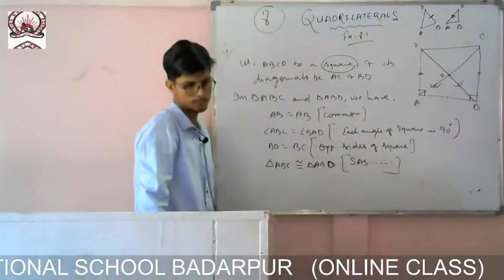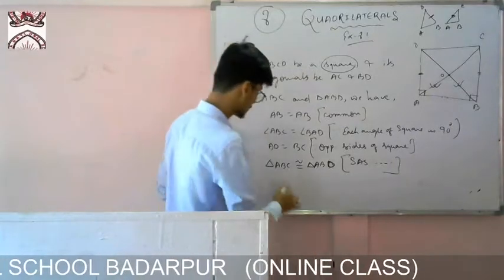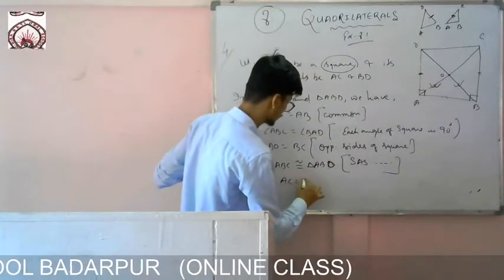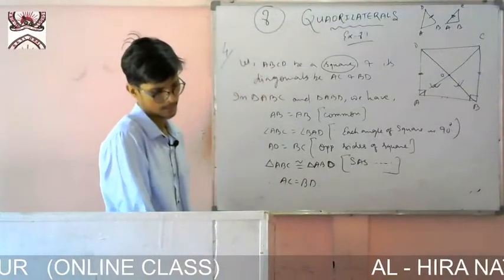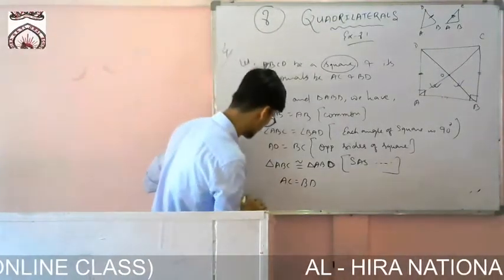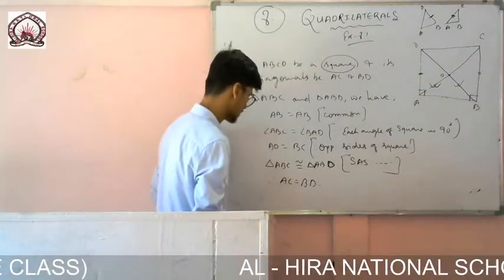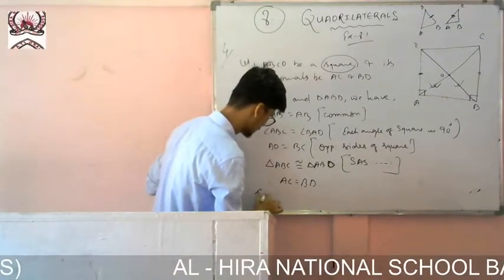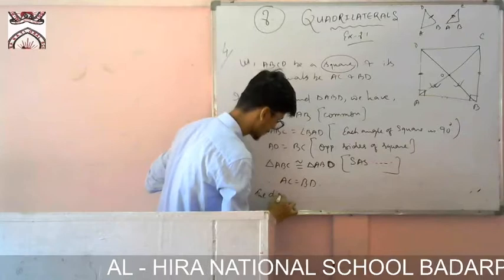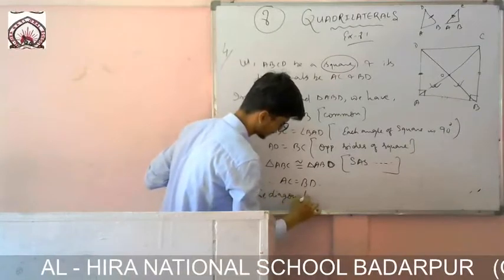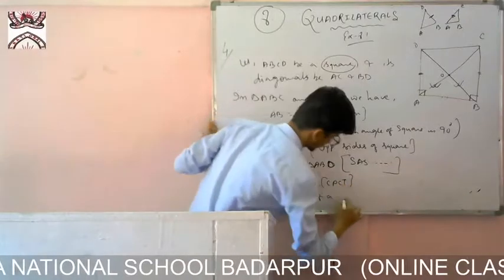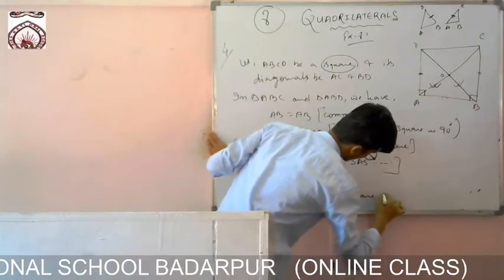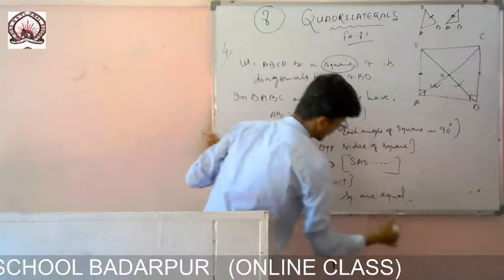So directly we can prove it like this: therefore AC is equal to BD. Therefore the diagonals of a square are equal. Finished.